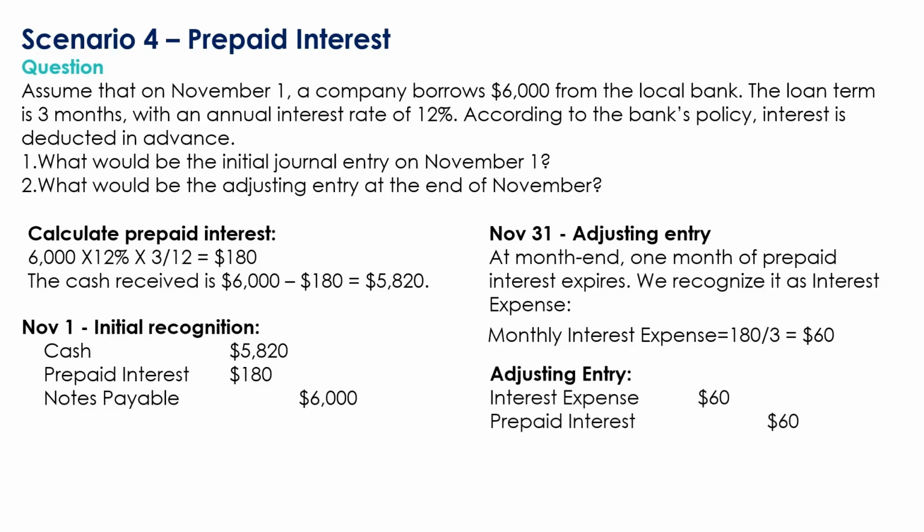We debit interest expense for $60, reflecting the cost of borrowing for November, and we credit prepaid interest for the same amount, reducing the asset as it has now been consumed. In summary, prepaid interest operates similarly to a subscription paid in advance. You pay the money upfront and the benefit unfolds gradually over time, transitioning from an asset to an expense.